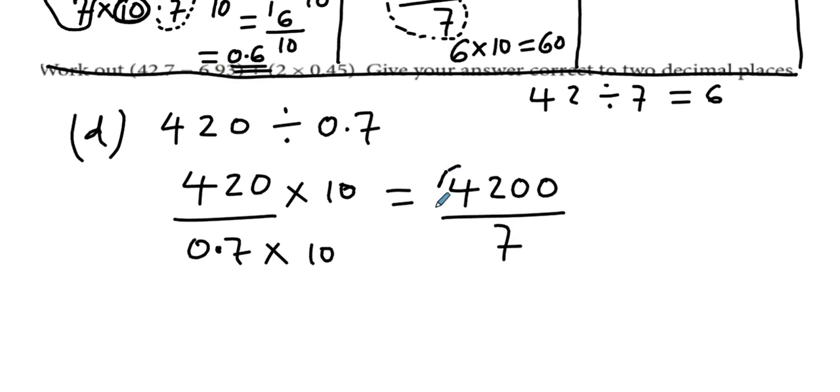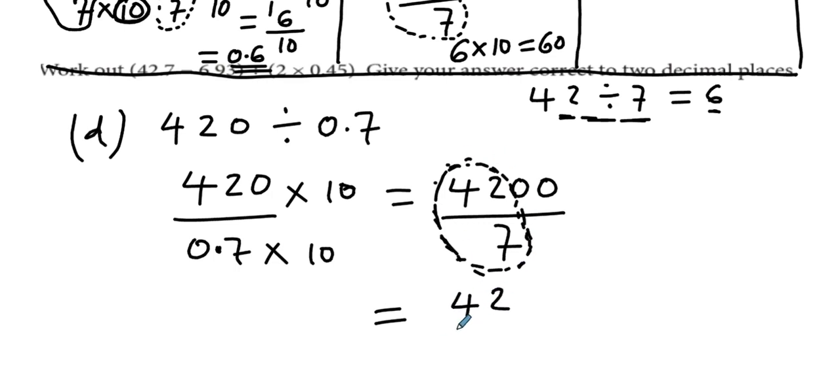Now, can you notice this is 42 divided by 7, which is this one here, which equals 6. So this will be equal to 42 divided by 7. But let us first separate this so that you can see it properly.